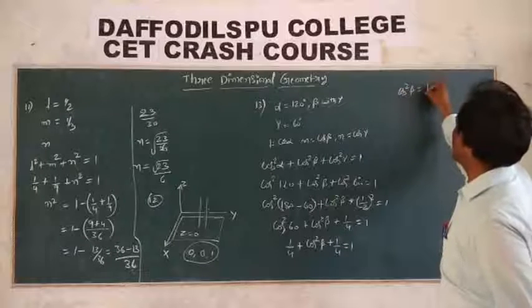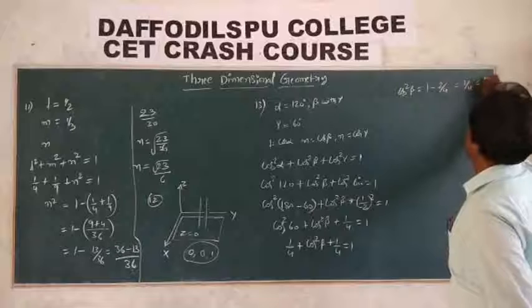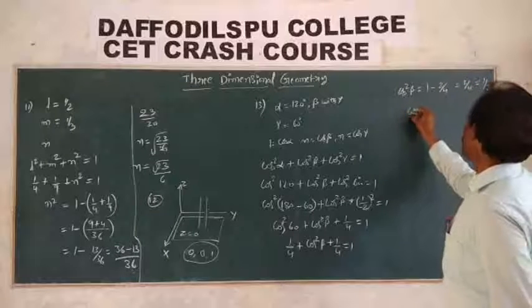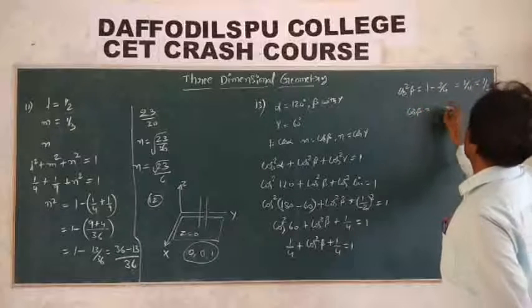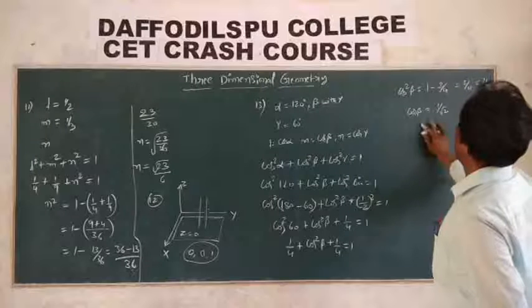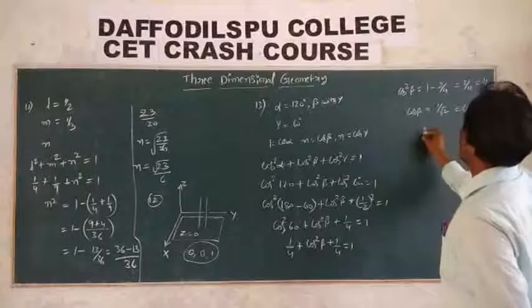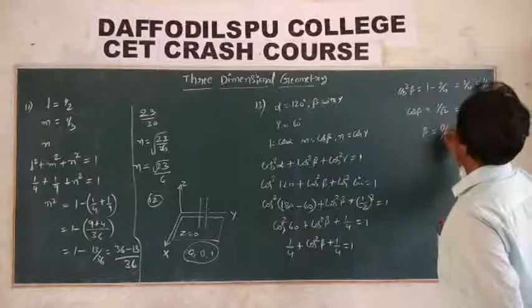Cos square beta is equal to 1 minus 2/4, 4 minus 2, 2/4 is equal to 1/2. Cos beta is equal to 1 by root 2. Therefore, cos pi by 4.